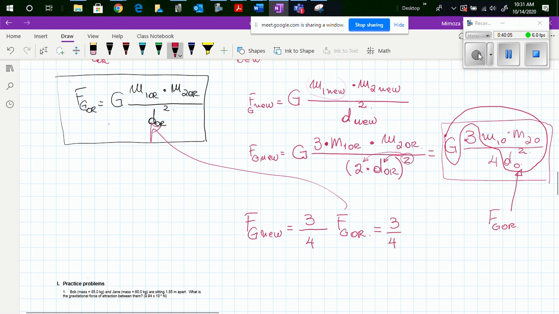So this will be 3/4 times 8 newtons, which means that the new force of gravity will be equal to 6 newtons. Does this make sense?